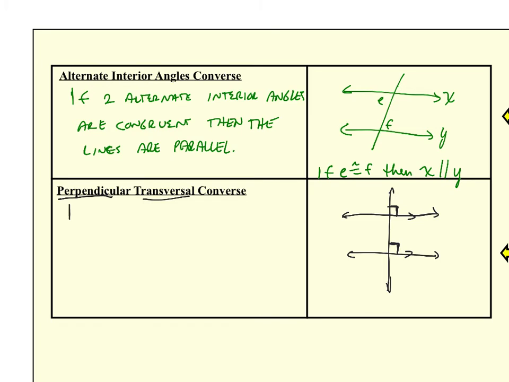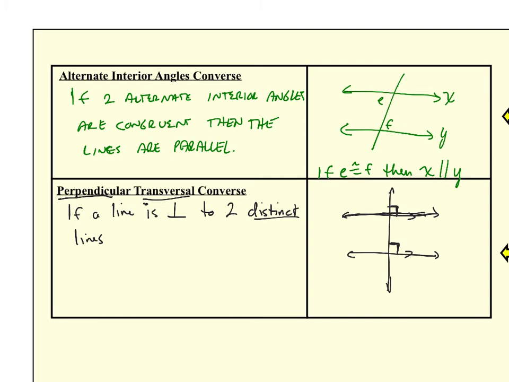So if a line, remember we don't know it's the transversal yet, if a line is perpendicular to two distinct lines, and I use the word distinct because I don't want one line to be named multiple times and then say, oh, they're parallel. Well, no, they're exactly the same.